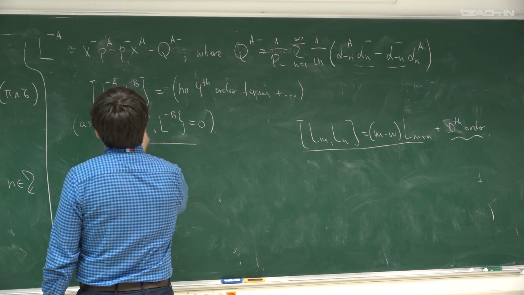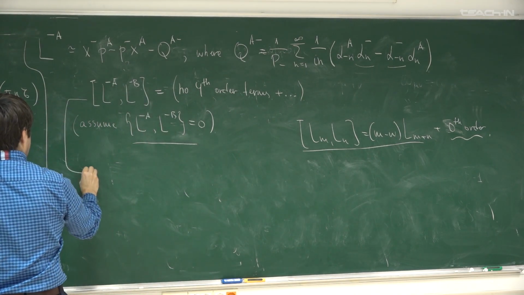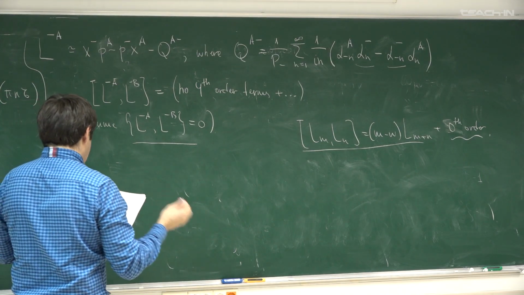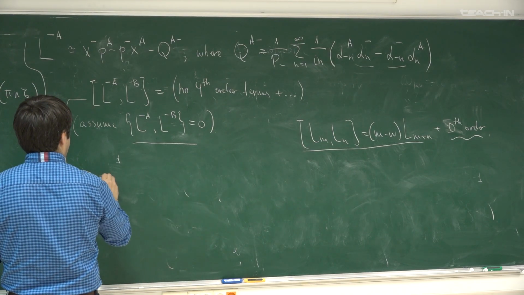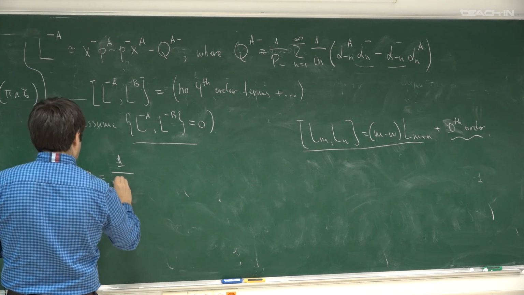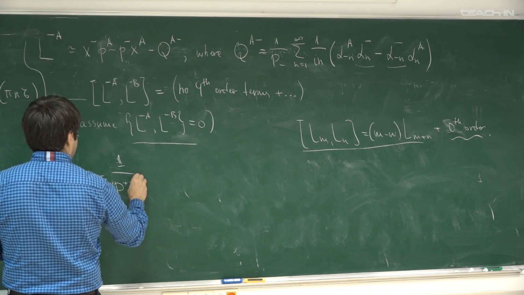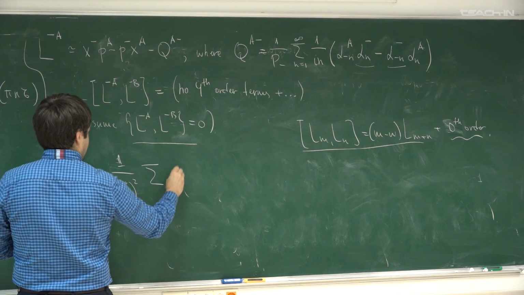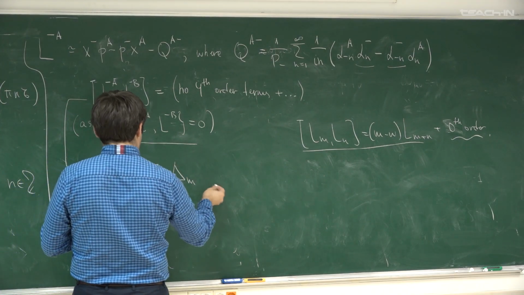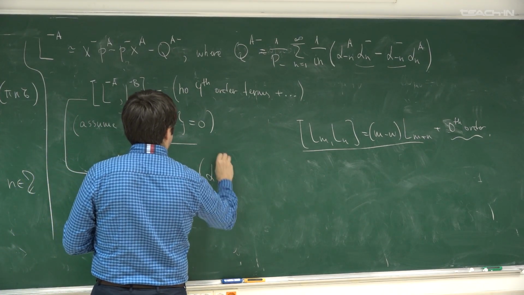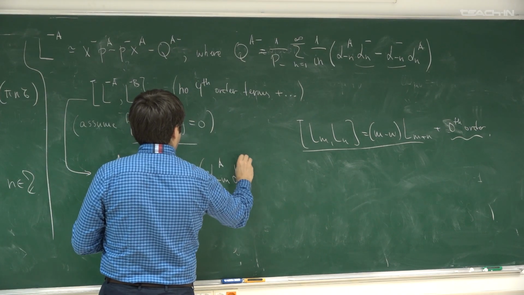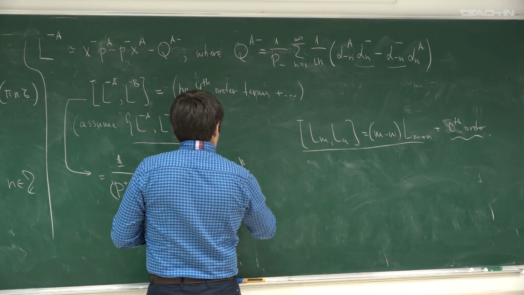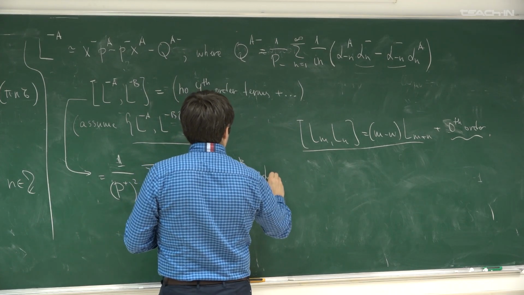So then what do we expect? How can this look? So this has to be 1 over p plus squared, sum over delta m, minus alpha minus mb.